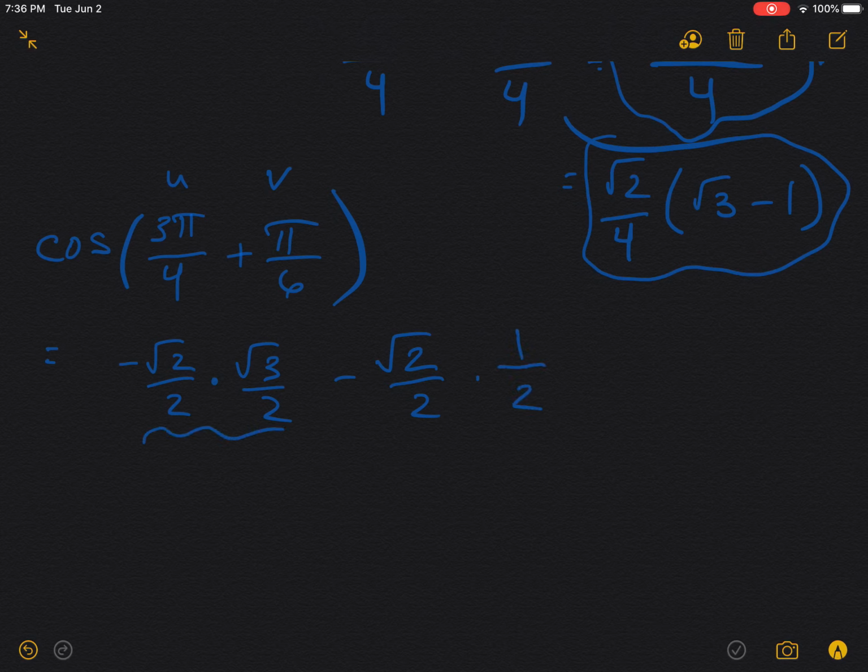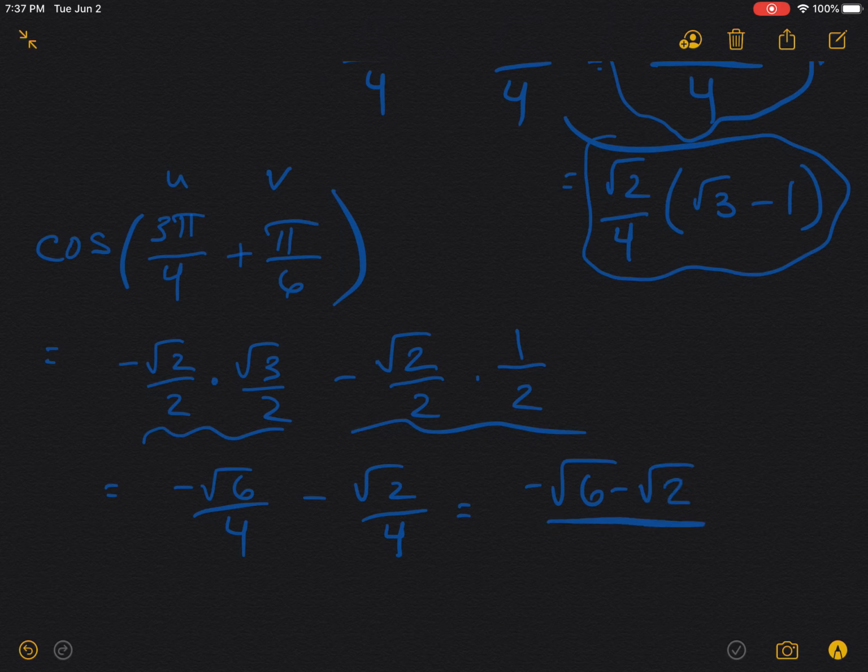So now again, combine these two and combine these two. That would give you negative square root of 6 over 4 minus square root of 2 over 4, right? And combine those numerators and you get negative square root of 6 minus square root of 2 over 4.